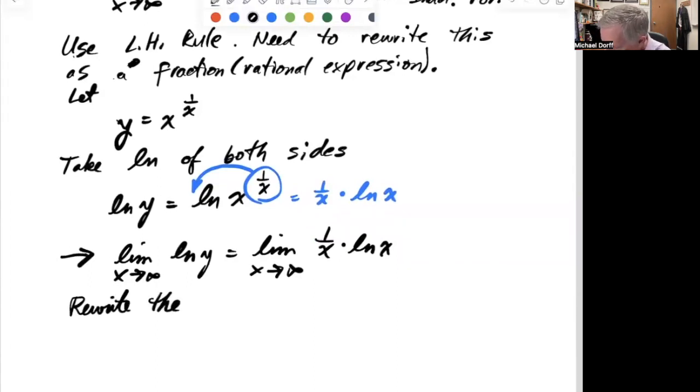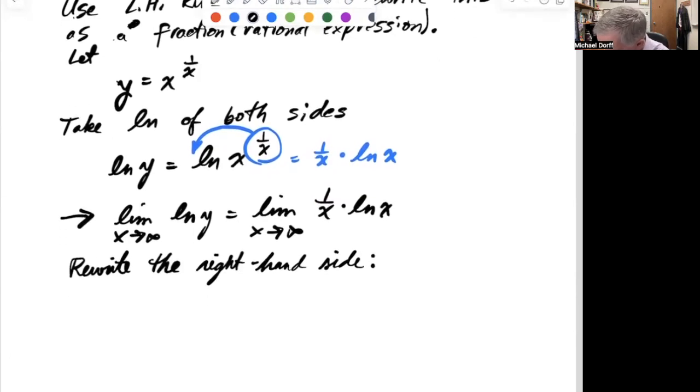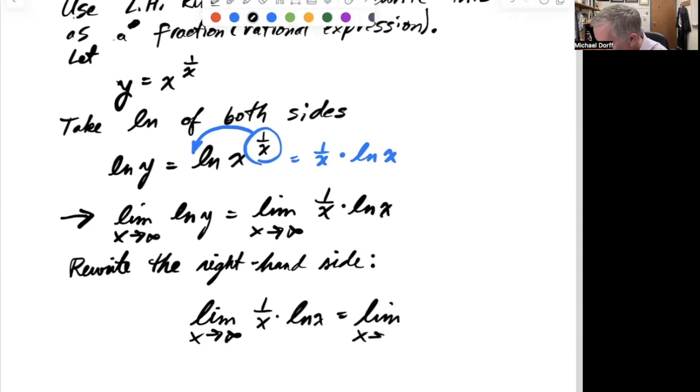So rewrite the right-hand side. We're going to have the limit as x goes to infinity of 1 over x times natural log of x. We're going to write that as a rational expression by putting natural log of x in the numerator and x in the denominator.